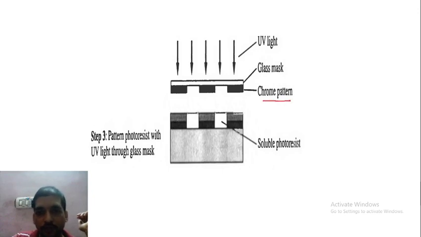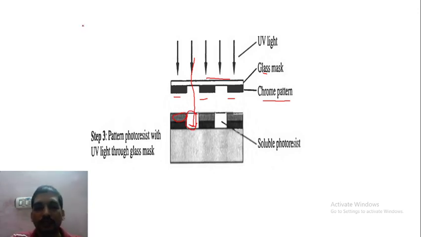This is the glass mask, and this pattern is made such that wherever we want to remove the portion, the ultraviolet rays reach that portion, and that portion becomes liquefied and can be washed away easily. The remaining portion hardens and sticks.